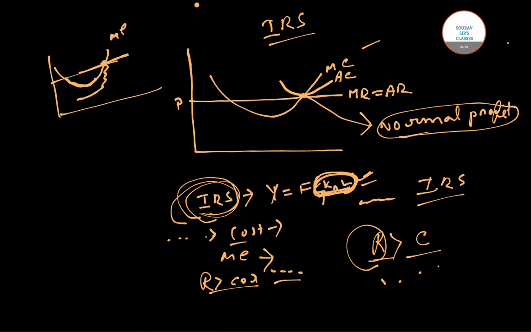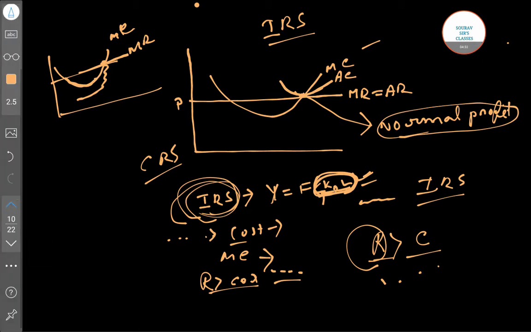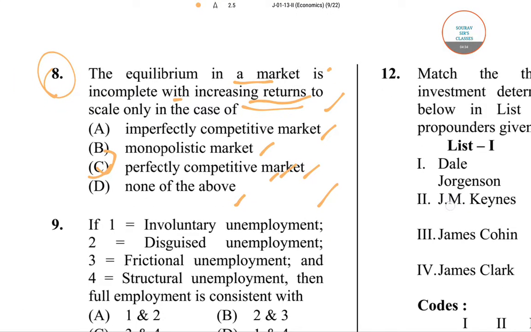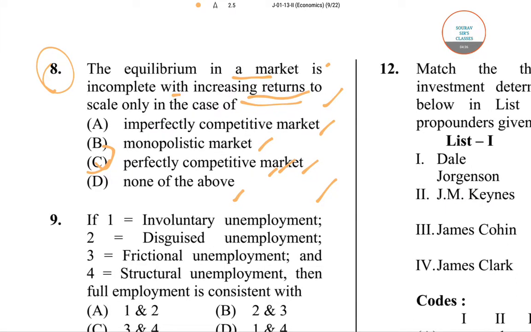So in case of CRS where marginal cost is equals to marginal revenue, we say the perfect competitive market has attained equilibrium. So now we'll get back to the question again. So in question 4 options are given. So equilibrium in a market is incomplete with increasing returns to scale only in case of perfectly competitive market. So for question number 8, the right answer is option C.